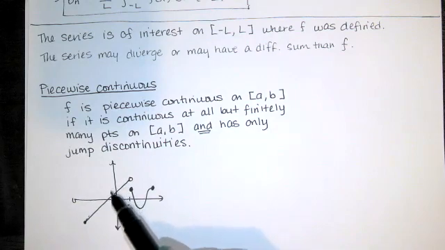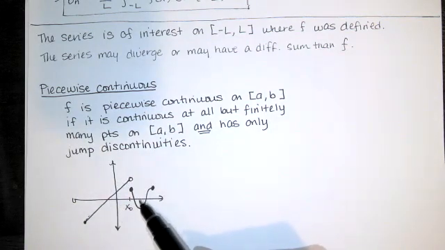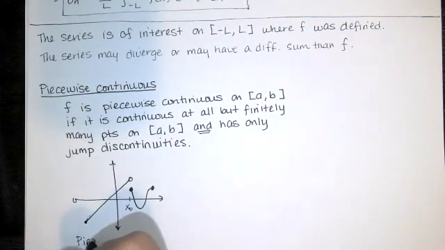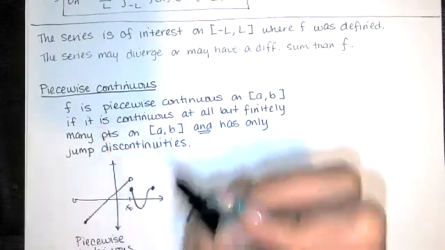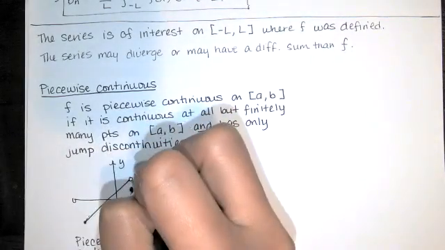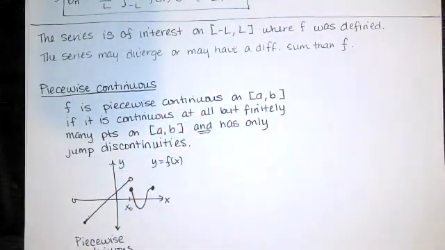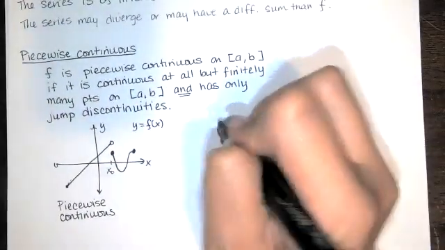The limit from the left of x naught is some finite value, and the limit from the right of x naught of that function is some finite value. So this function is piecewise continuous. If I said that this is y, this is y equals f of x, and that's x, that's a piecewise continuous function f.